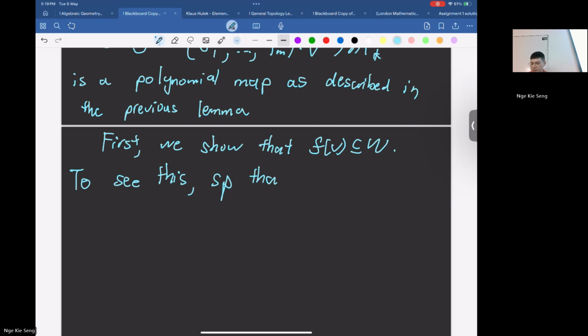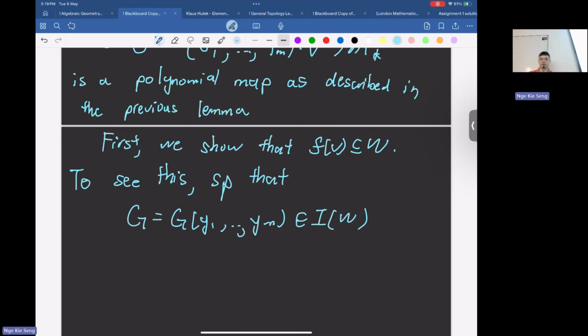So to see this, suppose that G = G(y1, ..., ym) is living in the ideal attached to this W here. Then what? Well, if you consider this G on these cosets, it should also vanish. You just add some I(W) stuff in, it should vanish also.